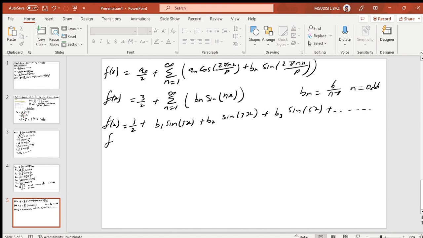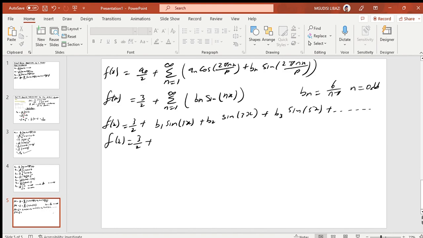Now f of x is equal to 3 divided by 2 plus, in place of b1 we substitute our odd numbers. We substitute 1, 3, 5.